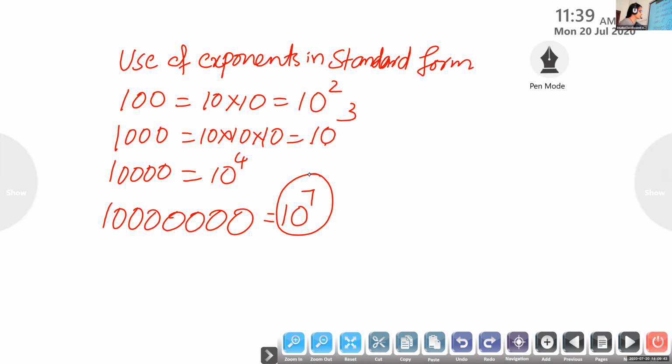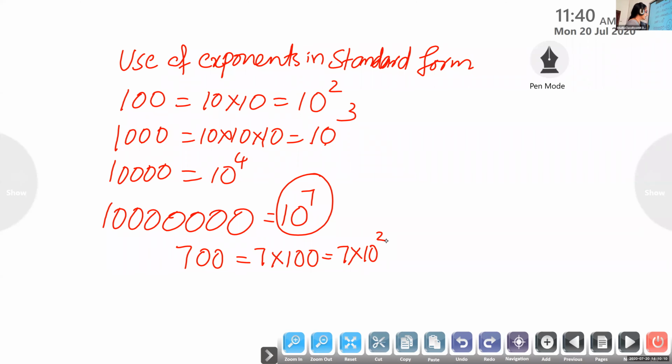Okay. So 700 can be written as what? No, 7 into 100. That is 7 into 10 raised to 2. 700 is 7 into 100, and 100 we can write in the exponential form.